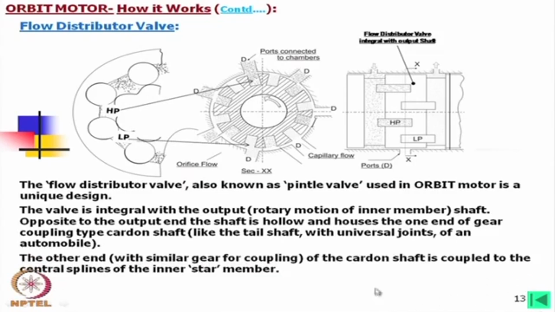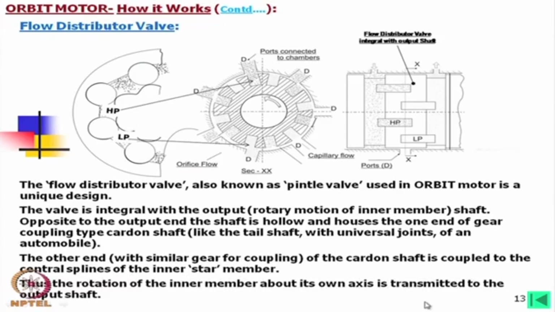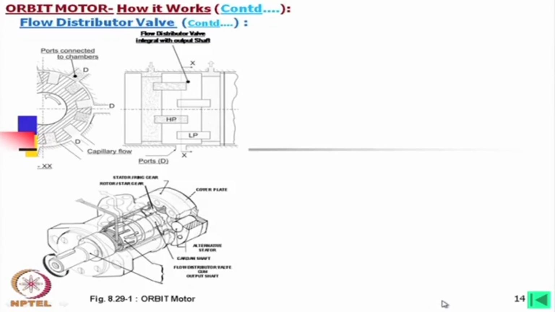The other end of the cardan shaft is coupled to the central spline of the inner star member. Thus, the rotation of the inner member about its own axis is transmitted to the output shaft. Now, if we look into this valve, you can compare how the oil is going.